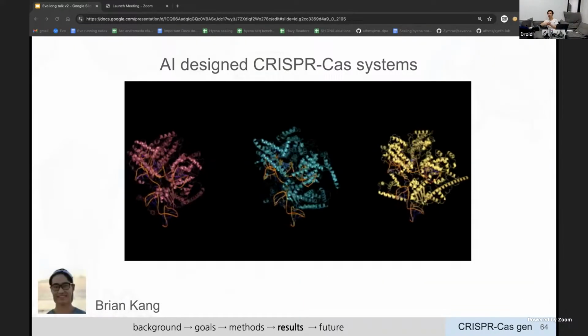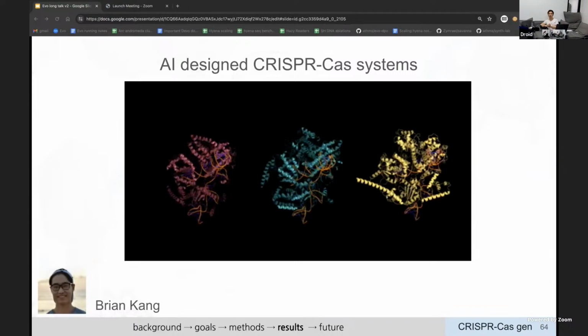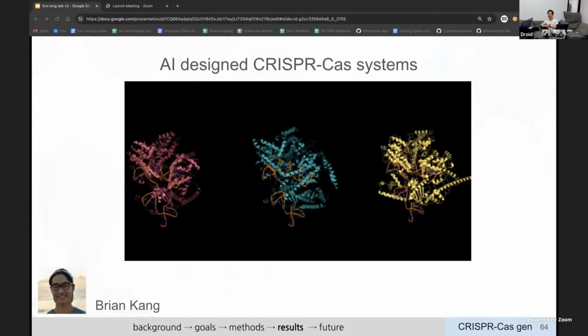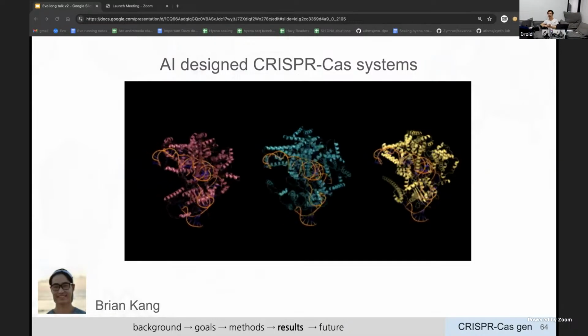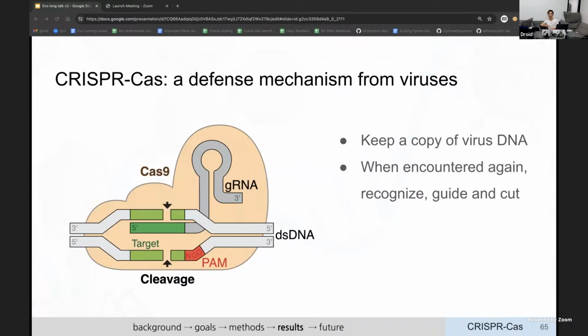Okay, so more concretely in terms of what we were able to generate in this work, what you're seeing here is the first AI-designed CRISPR-Cas system. This is work led by Brian Hie on the project, and you might ask, what the heck is a CRISPR-Cas system? I've heard about it in the news. So I'll describe what it is: you can think of it as a natural system that bacteria have.